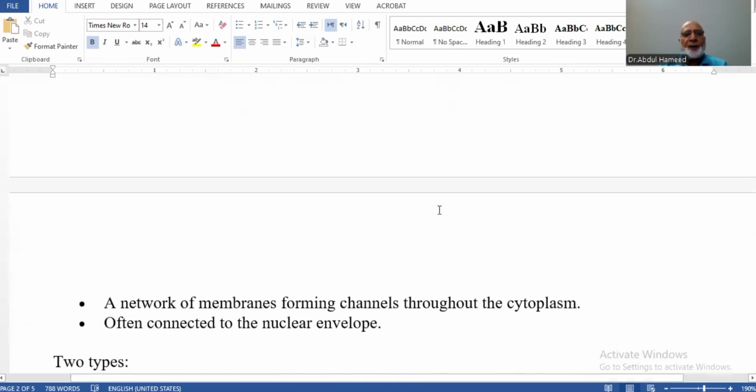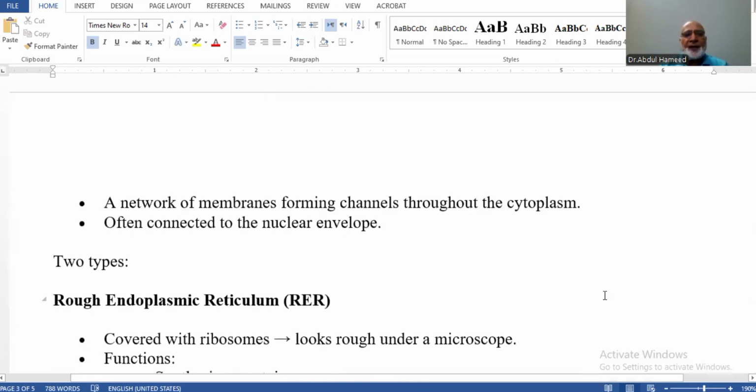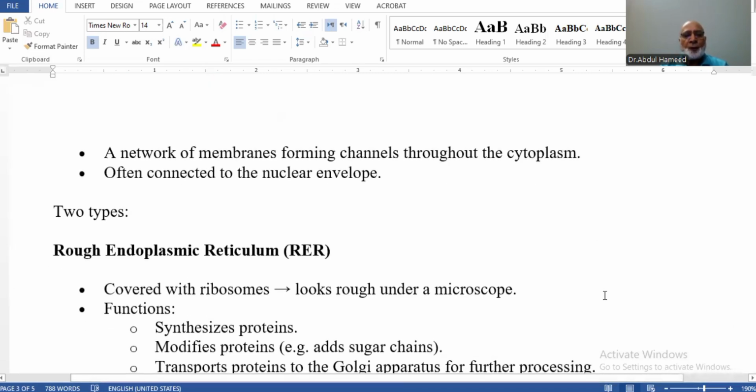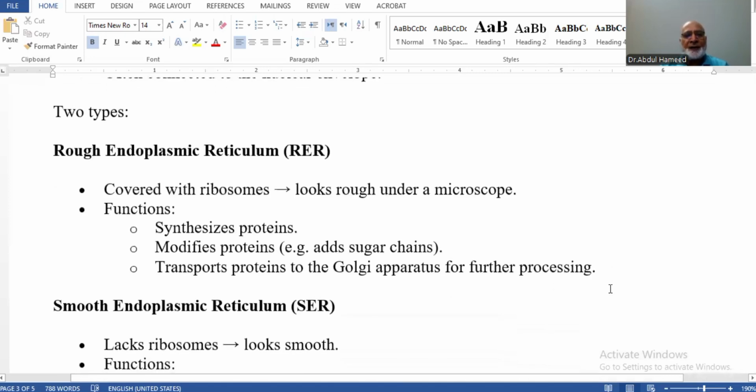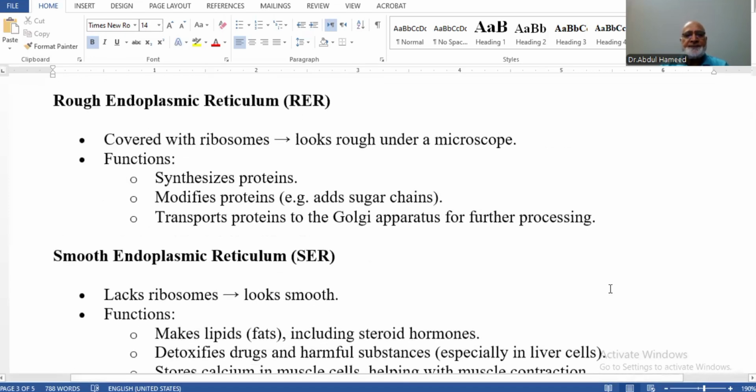Then comes the endoplasmic reticulum, a network of membranes forming channels throughout the cytoplasm, often connected to the nuclear envelope. There are two types: rough endoplasmic reticulum, RER, covered with ribosomes, looks rough under the microscope. That is why it is rough endoplasmic reticulum. Function is to synthesize proteins, modify proteins, add sugar chains, transport proteins to the Golgi apparatus for further processes.